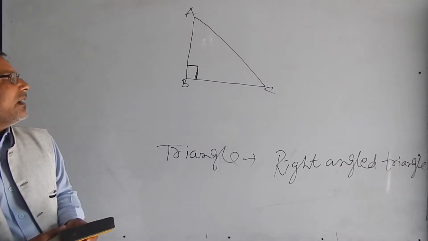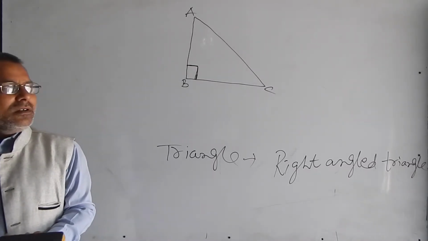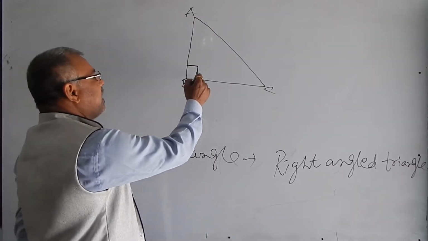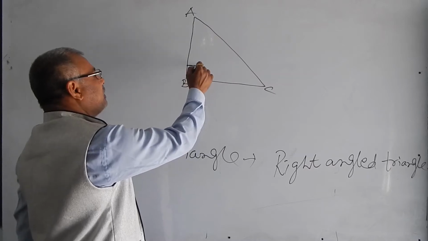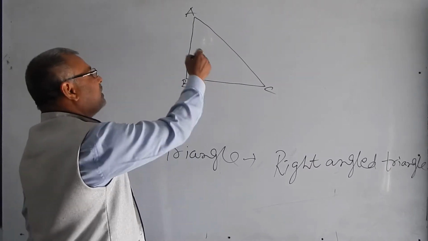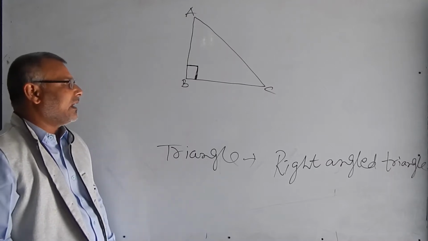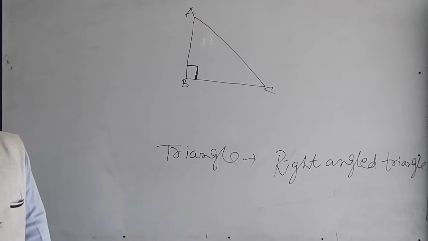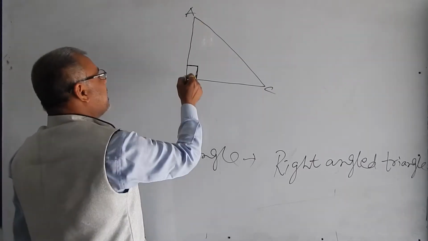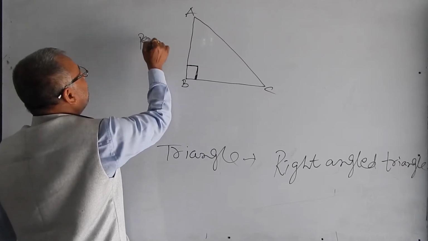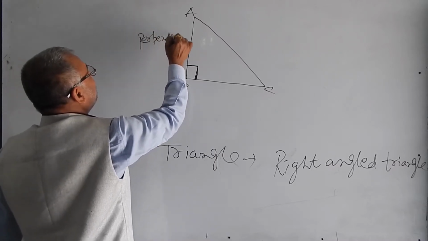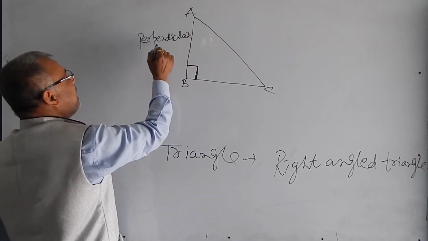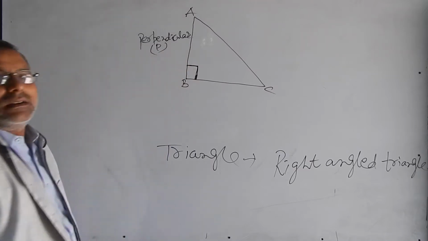In the right angle triangle, the sides also have particular names. The two sides involved in making the right angle are called one perpendicular and the other base. Suppose the side AB is the perpendicular; by symbol it is denoted by a small p.